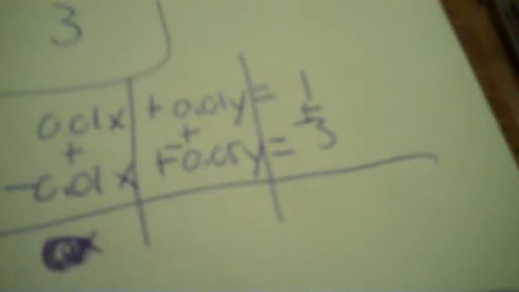So negative, negative, negative. So add, you get 0x. 0.01 plus negative 0.05 is negative 0.04y. And 1 plus negative 3 is negative 2.